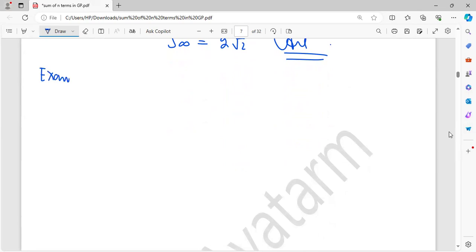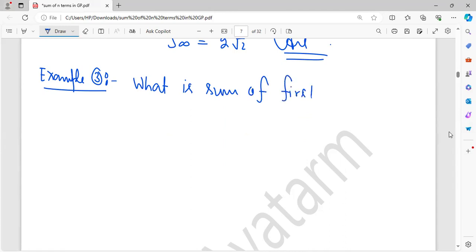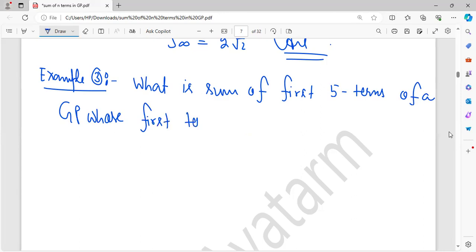Example. What is the sum of the first 5 terms of a GP whose first term is 2 and common ratio is also 2?